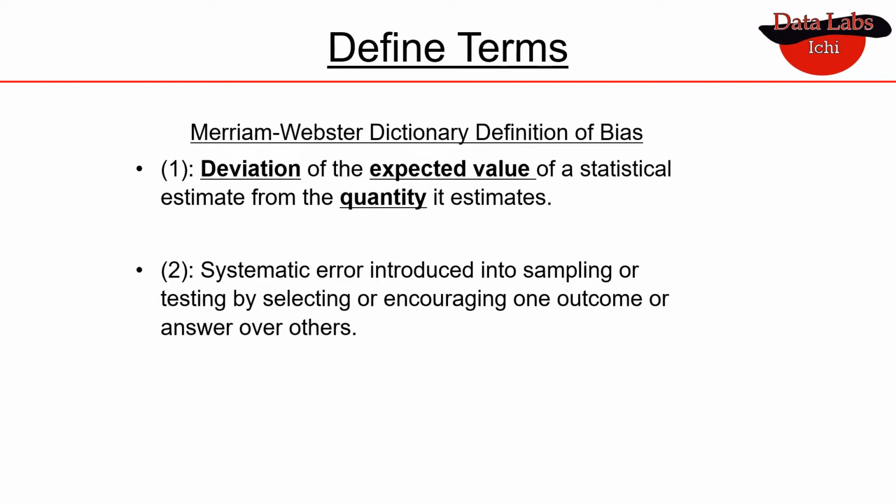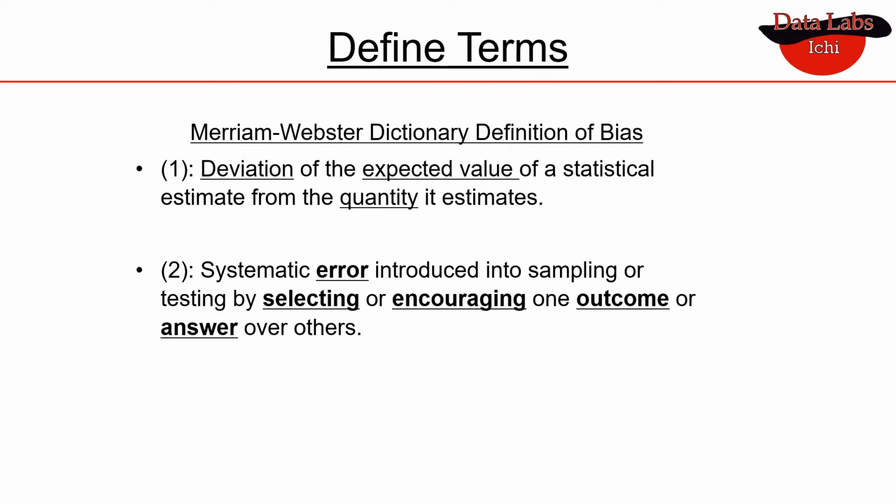Everyone knows that there are more low-income people in the world than there are high-income people in the world. If you make a statistical estimate and your results show that there are more rich people than poor people, then you know there is some deviation from what you expect your quantities to estimate.